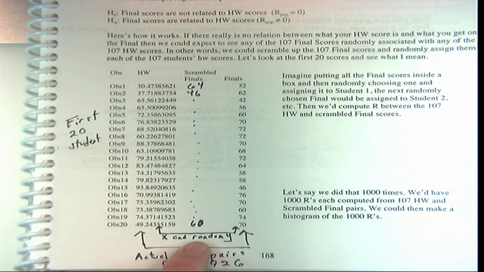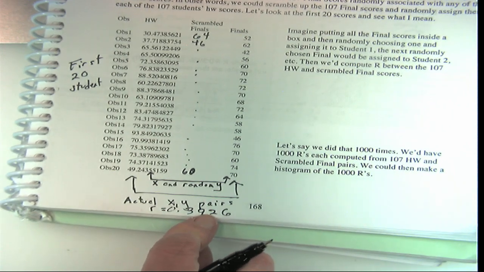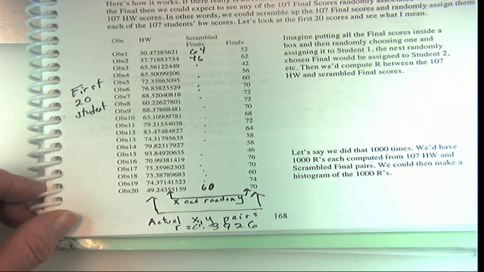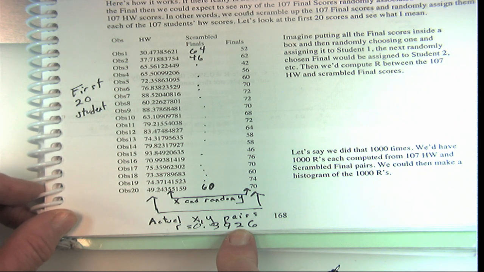And it's going to compute R for that, the correlation coefficient. Then it will do it again and again and again and again. And it will look at how likely it is to get the observed R. Do any of these randomly scrambled R's produced by randomizations, how many of them are as big as the observed R?